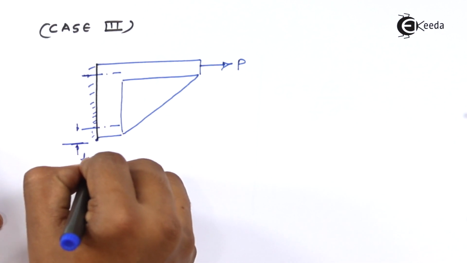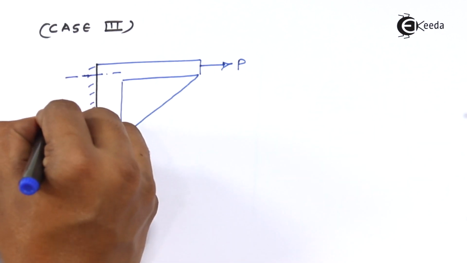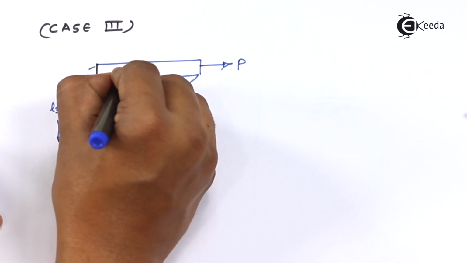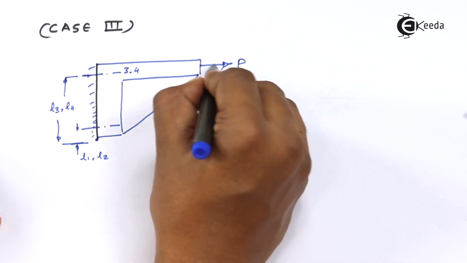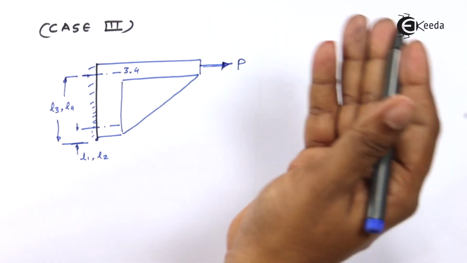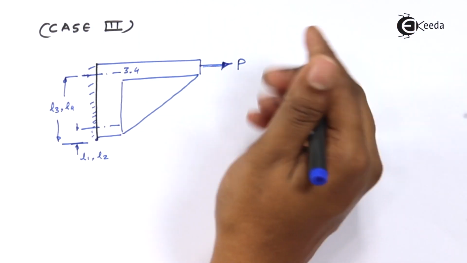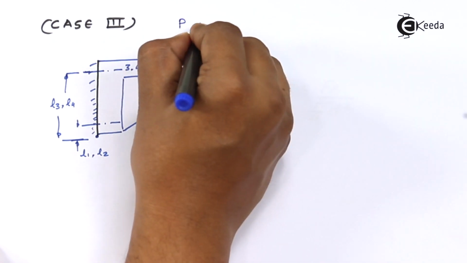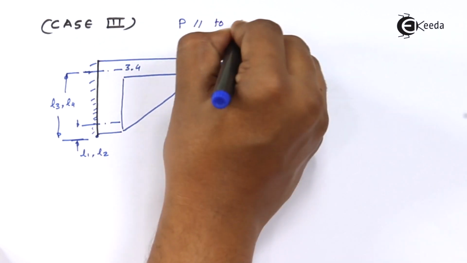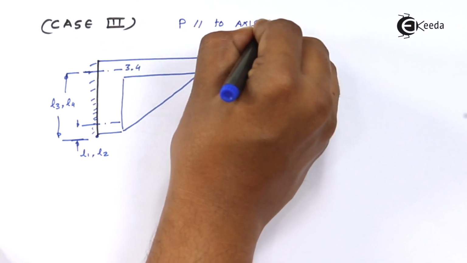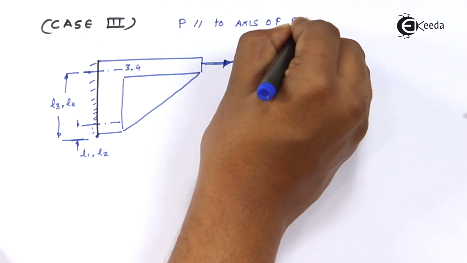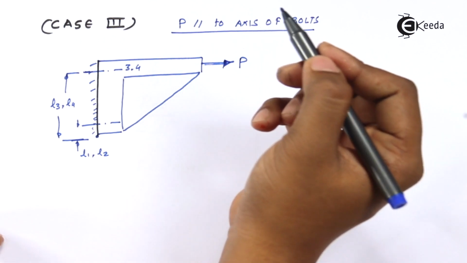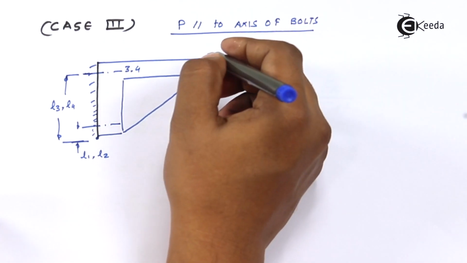These are the lengths L1, L2, and these are the lengths L3, L4, because these are bolts 3 and 4 here. The only change here is P is acting in the same direction as the axes of the bolts. So P is parallel to the axis of the bolts. So that is case number 3.